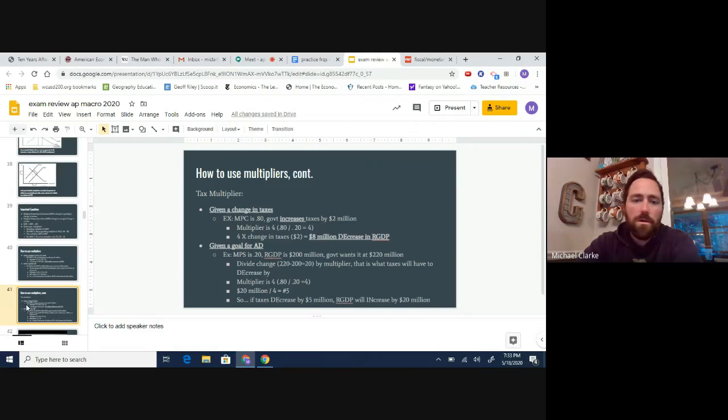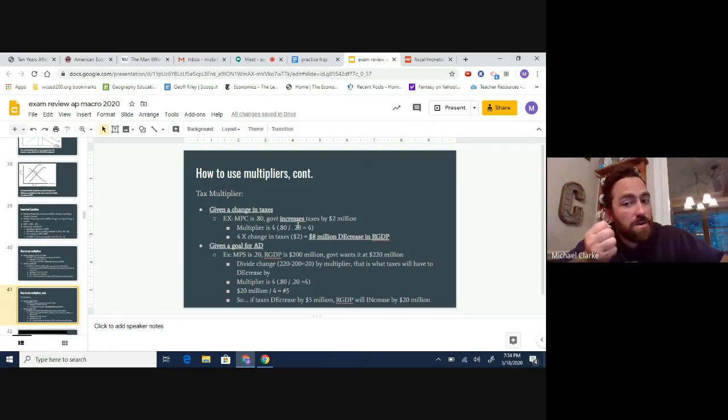Tax multipliers. Same thing here, except you're using the different tax multiplier formula. Okay. So if you're given a change, if the government were to increase taxes by $2 million, remember, I underlined here increases because this is going to have a detrimental effect, a negative effect on the economy, because the government's taking money away from people here.